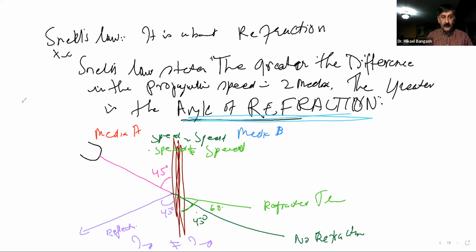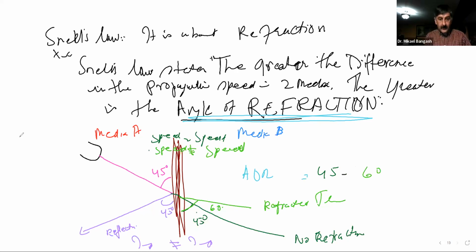But to determine what our angle of refraction is, with no refraction it was 45 degrees. After refraction, it was 60 degrees. So to determine our angle of refraction, we need to subtract these two from one another.